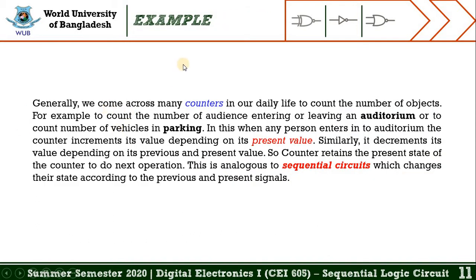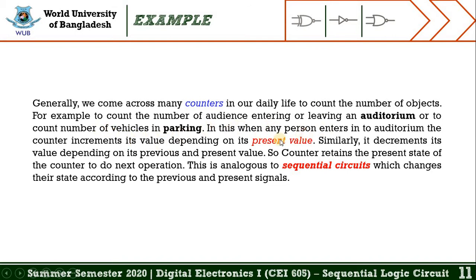Well, now time has come to learn about an example of sequential logic circuit. So let's start. Generally, we come across many counters in our daily life to count the number of objects. For example, to count the number of audience entering or leaving an auditorium, or to count the number of vehicles in parking.